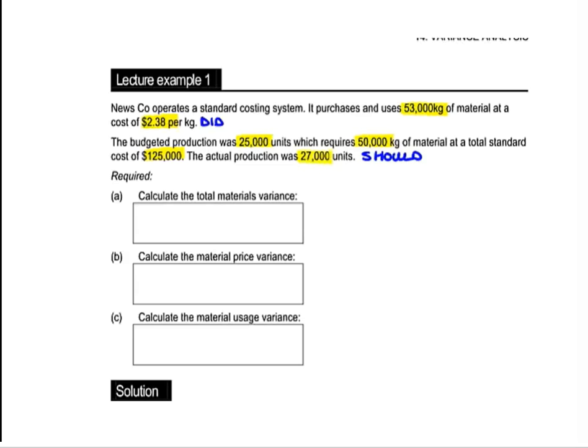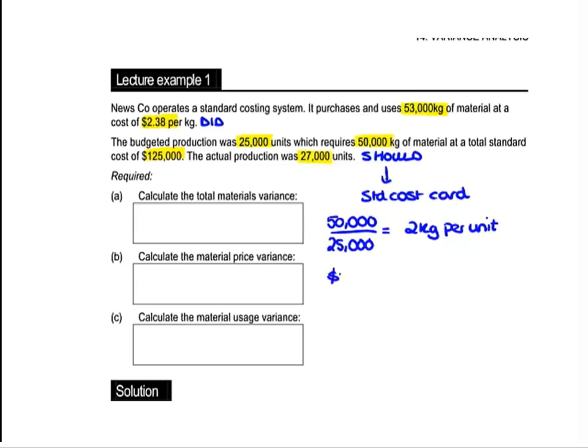So actual production then was 27,000 units. We need to know what it should have cost us, so we need some kind of standard cost card. So we know the standard usage, and we were going to make 25,000 units with 50,000 kilograms of materials. So we were looking at 2 kilograms per unit.